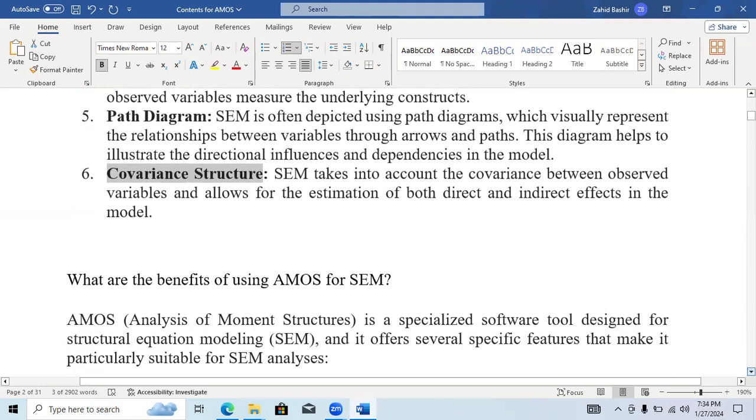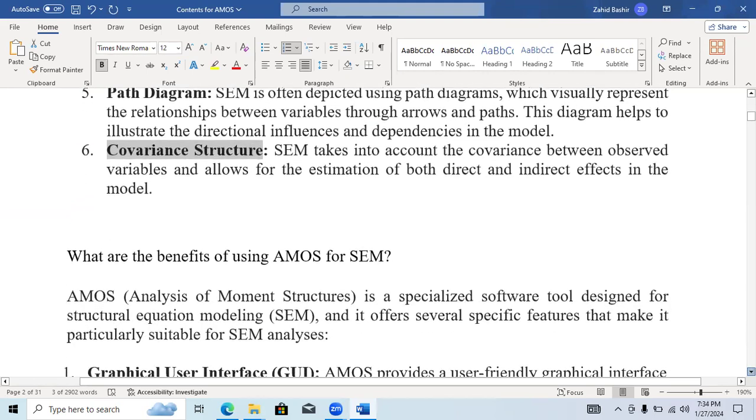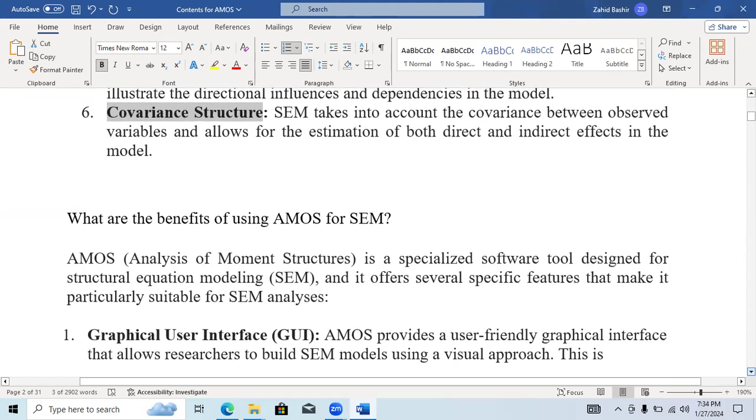So what are the benefits of using Amos for SEM? Amos is basically software which aids the covariance based technique of SEM. It will not consider your data if your data is non-parametric, if it does not have normality, or if the number of observations is too small.